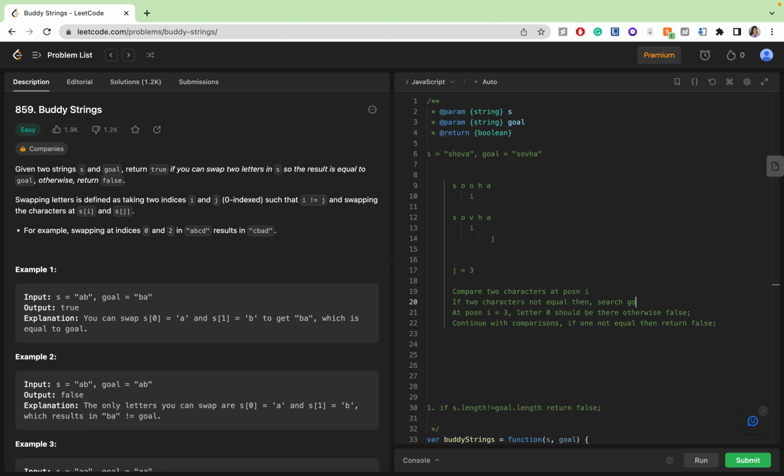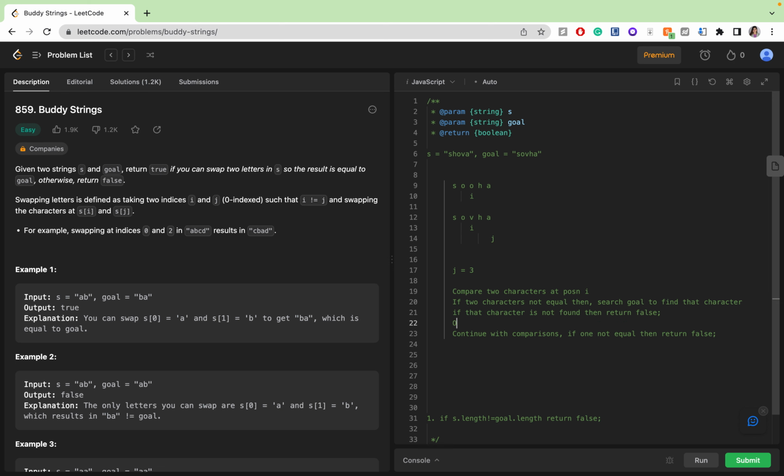Then search goal to find that character. So this means that if that character is not found, then return false. Otherwise check if it is swappable.